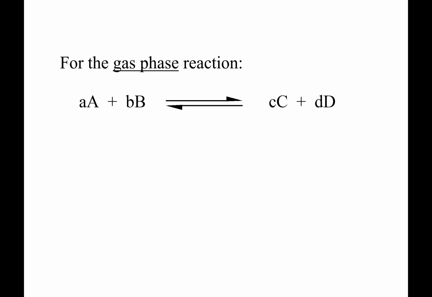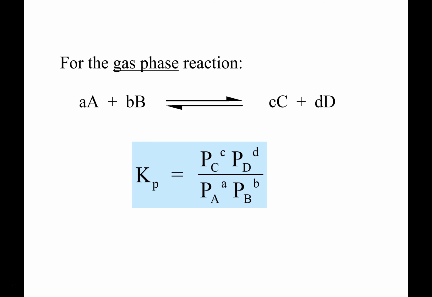So I'm going to talk you through how we link Kc and Kp for gas phase reactions. If we start with the Kc, this is what we're going to end up with. Well, I guess I'm not going to show you a proof. I'm going to link Kp to Kc.